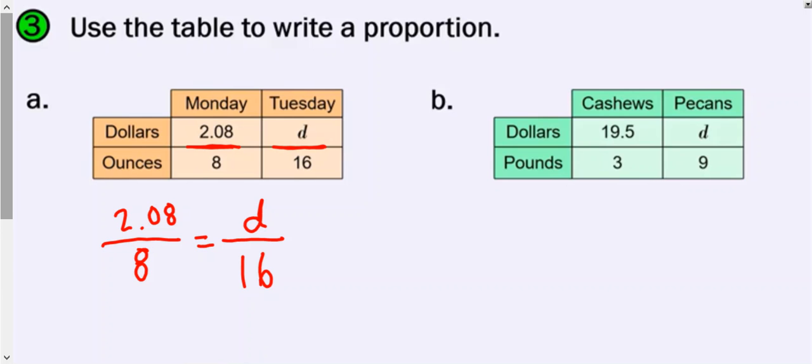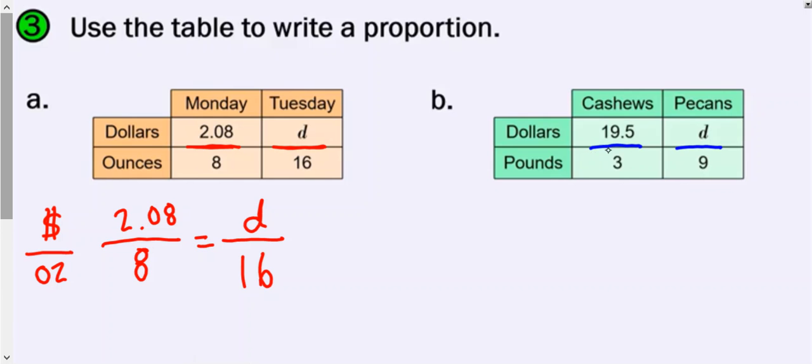The first thing I should have done is write what our ratio or proportion represents. So we got money to ounces. $2.08 to 8 ounces is equal to unknown for 16 ounces. Go ahead and try B, and then come back and see how you did.